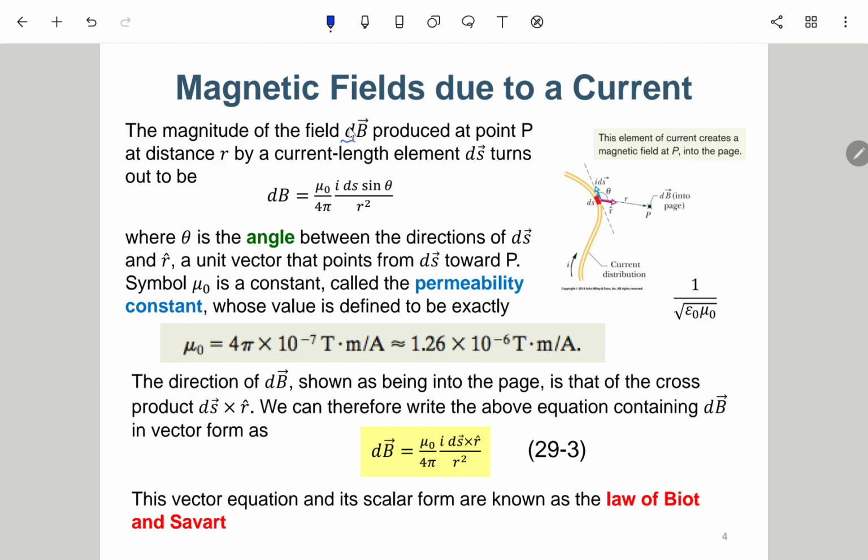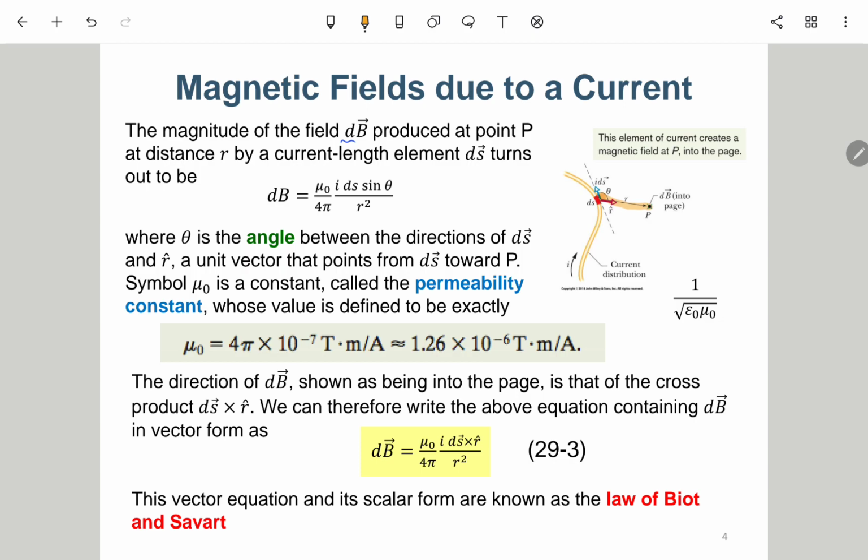Okay, so nothing special for this d. So the field dB produced at point P at a distance r. The distance is actually this one, from this small segment of current to the point we are concerned with, and then by the current length element ds turns out to be something like this.